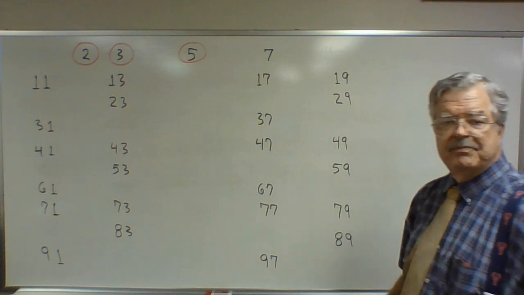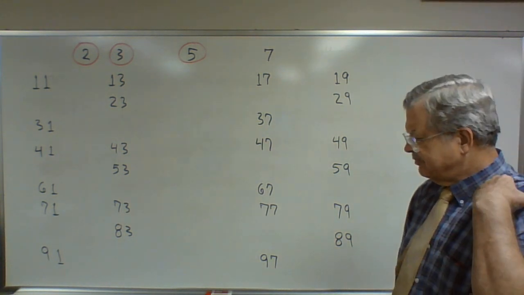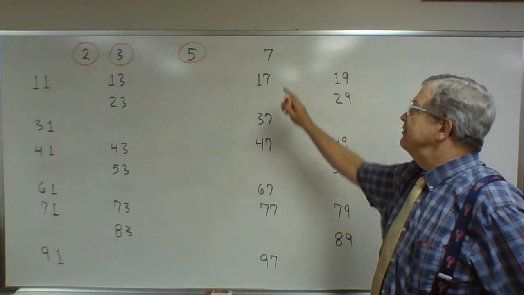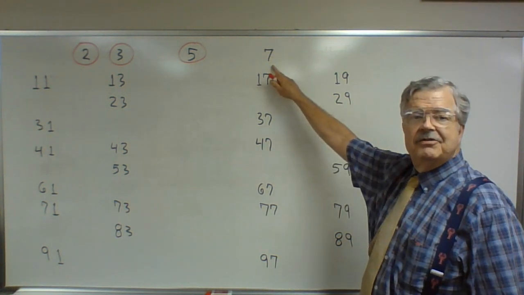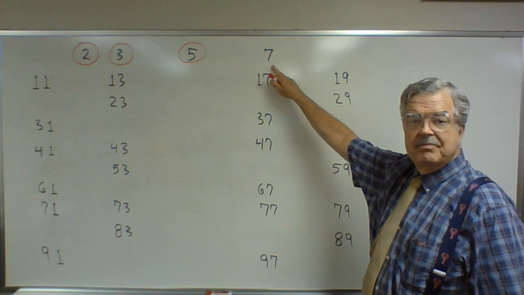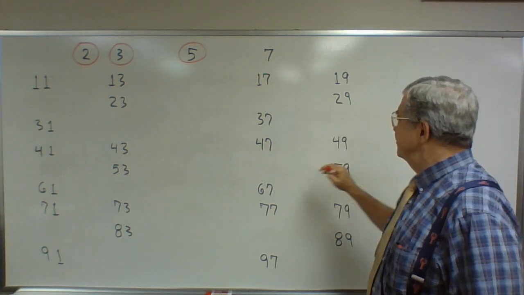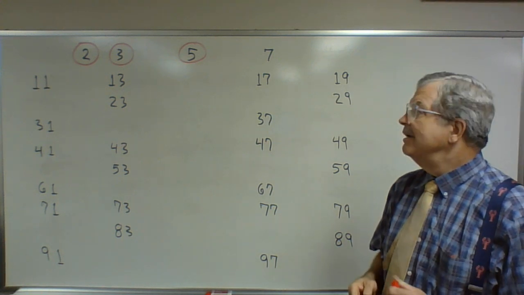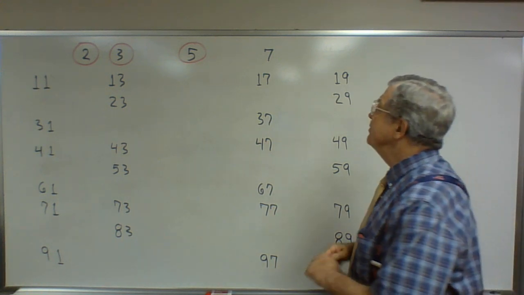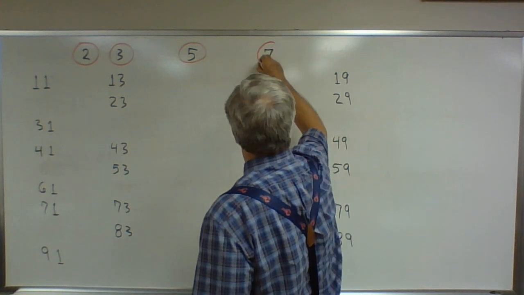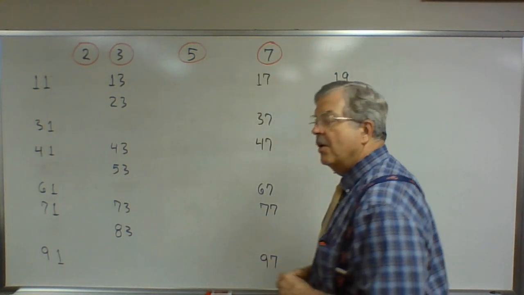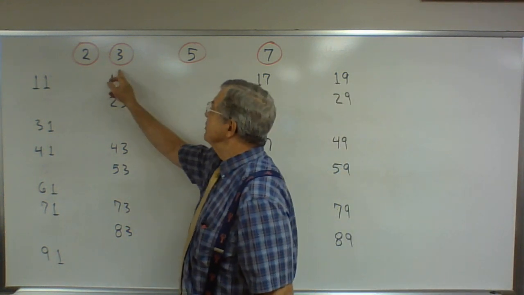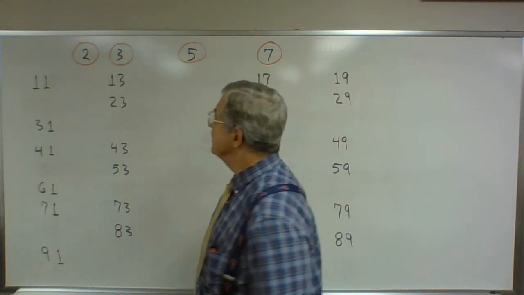Now 7. Oh, by the way, you're going to notice here that the first multiple of 7 that's not prime is going to be 7 squared. All of the other multiples of 7, other than the fundamental multiple, were already eliminated because they were multiples of 2 or 3 or 5 times 7.